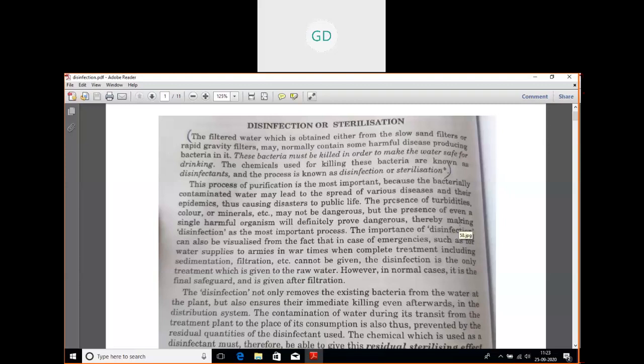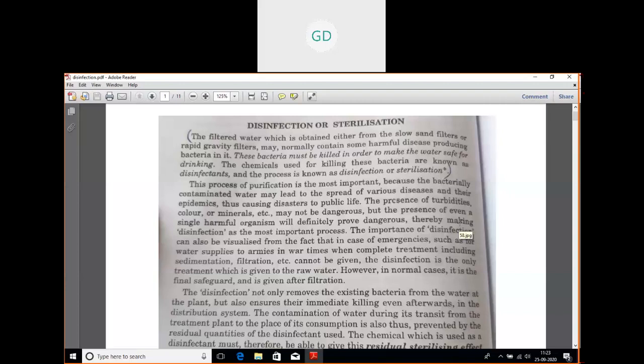And we have also said that though rapid gravity filters don't give very good results, filtration is not the last treatment process, so whatever percentage of minute bacteria are present can be treated in the next step, that is disinfection or sterilization.